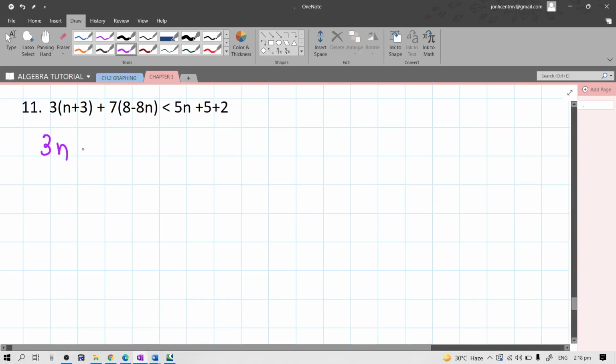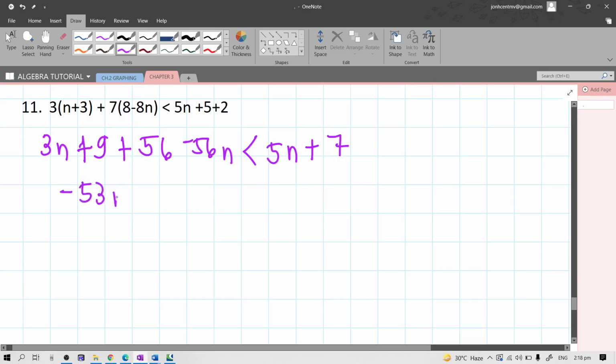So, we have 3n plus 9 plus 56 minus 56n is less than 5n plus 7. So, simplified, we have negative 53n, so itong dalawang to, plus 65 is less than 5n plus 7.